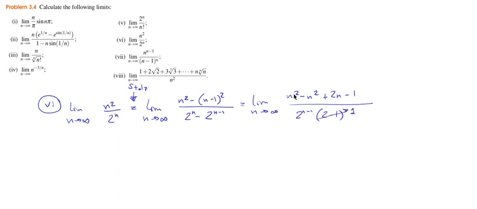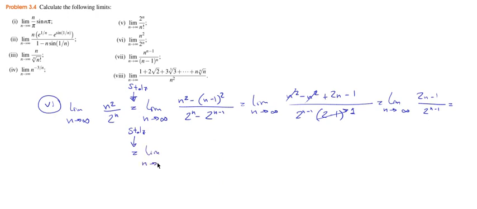This is 1, and then you have the limit when n goes to infinity of 2n minus 1 over 2 to the n minus 1. And again, you could say that this is negligible, but because we're doing it explicitly, we can apply Stolz theorem again, because this is going to infinity, this is going to infinity.